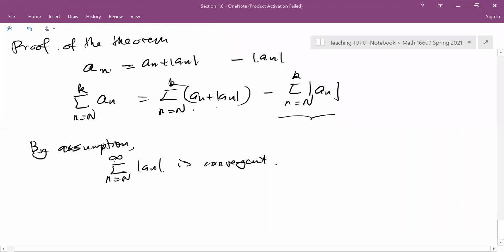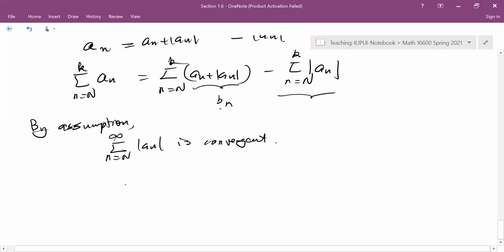Now, let's take a look at this term, b_n. This b_n is a_n plus absolute a_n, right? Do you think it's negative? No, it's never negative. When a_n is positive, this will be 2a_n. When a_n is negative, this is 0.